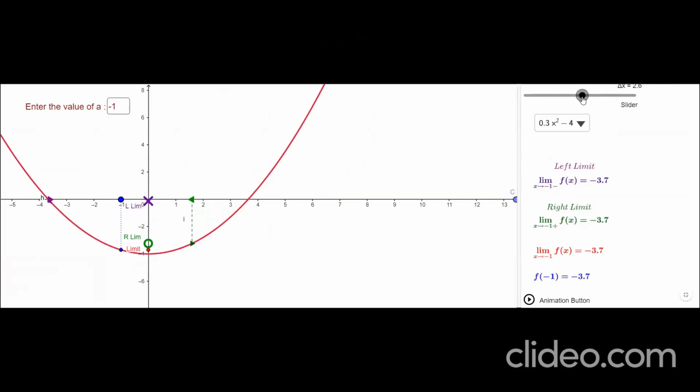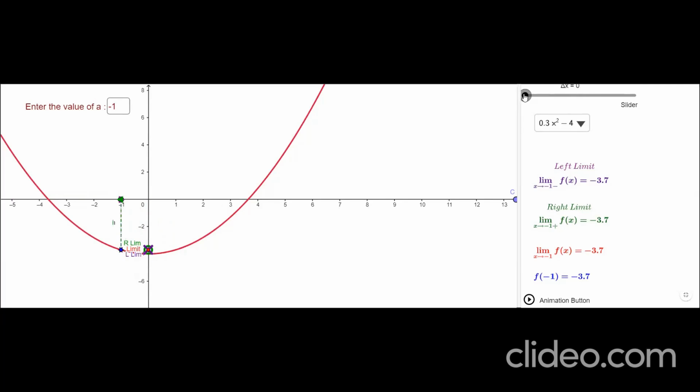When x is nearing -1, you can see both arrows moving toward this one. What happens to the red color? It moves to one point, corresponding to say -3.7 around. From left and right, when it merges, it will be merging to a point on the graph.